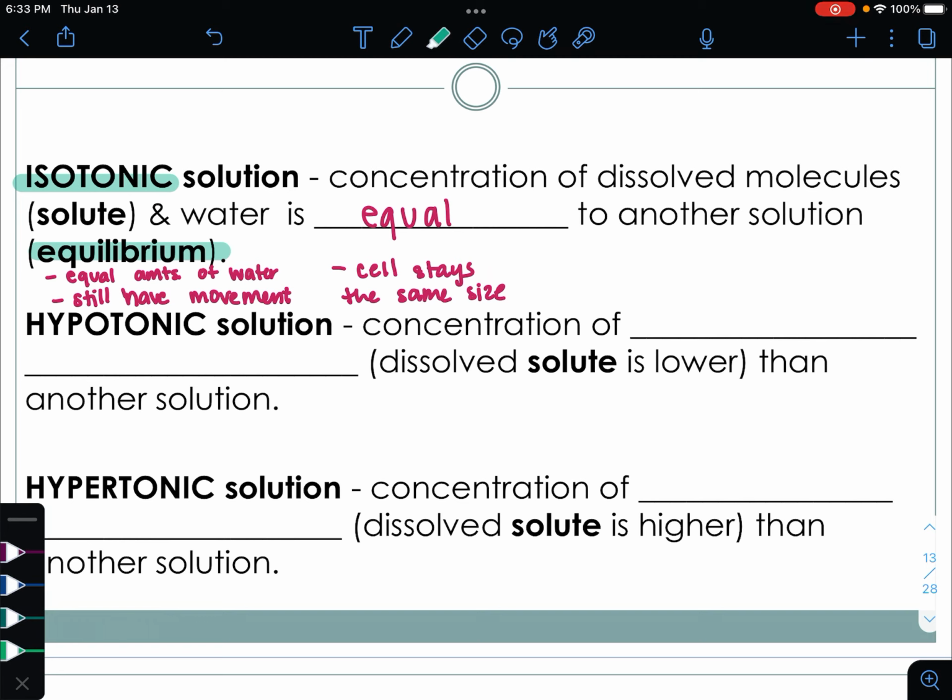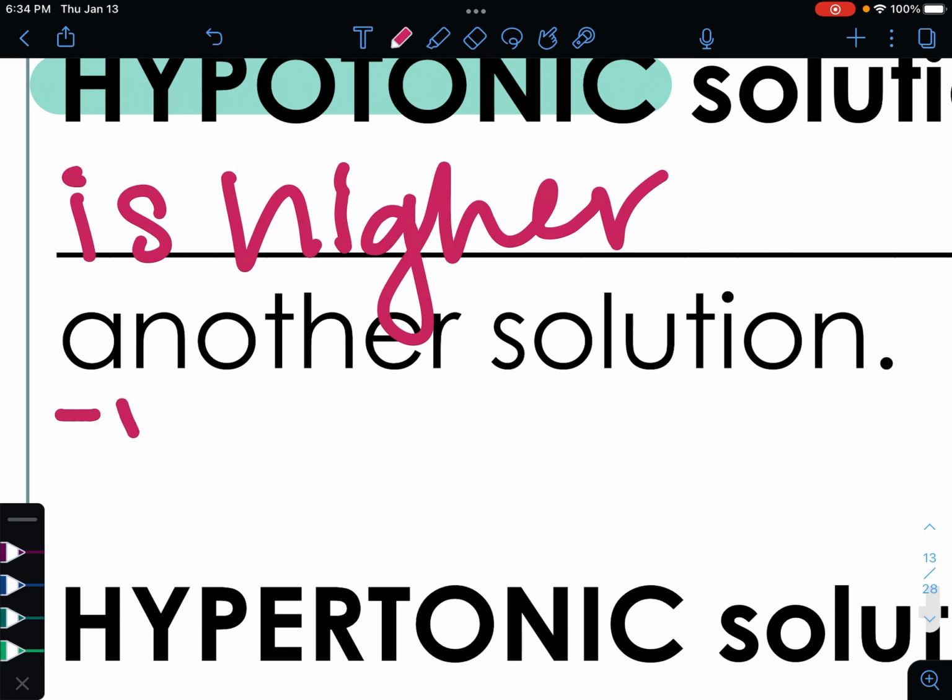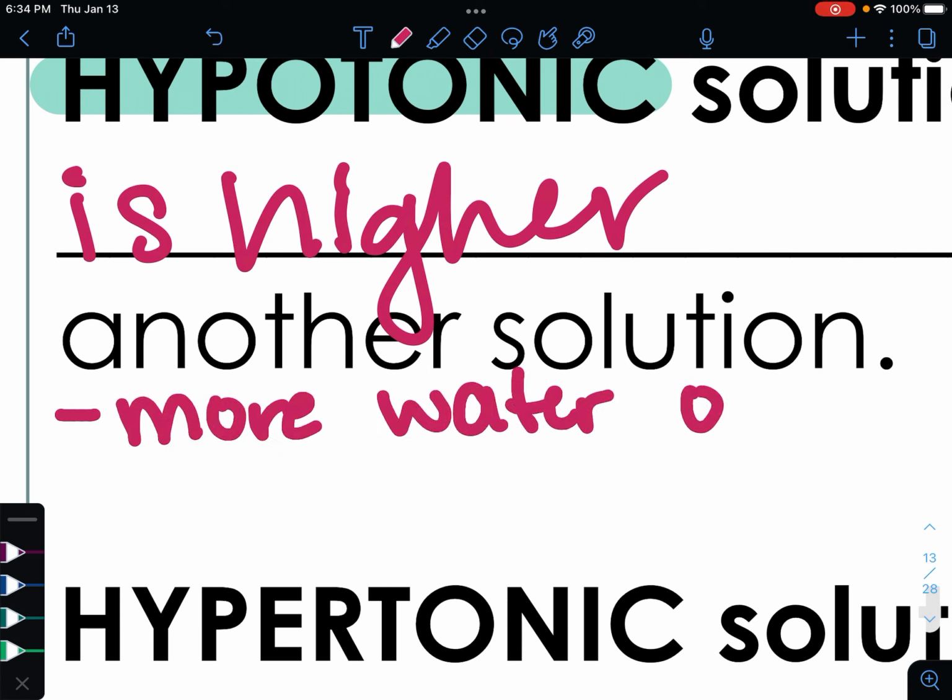All right, our next solution is called a hypotonic solution. In this kind of solution, we're talking about when the concentration of water is higher than another solution. So an example of this, guys, is we have more water outside the cell.